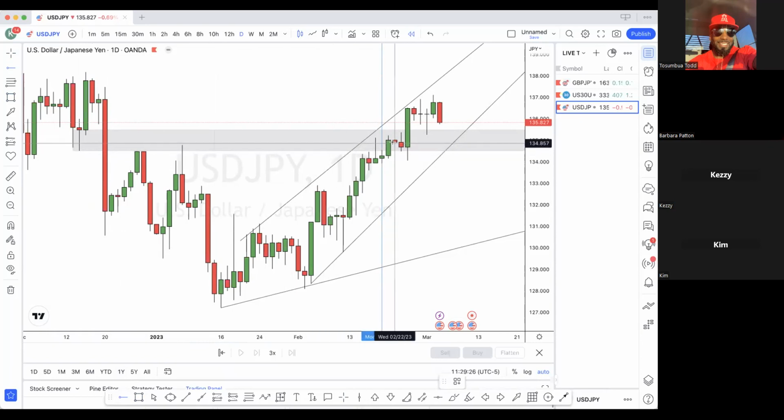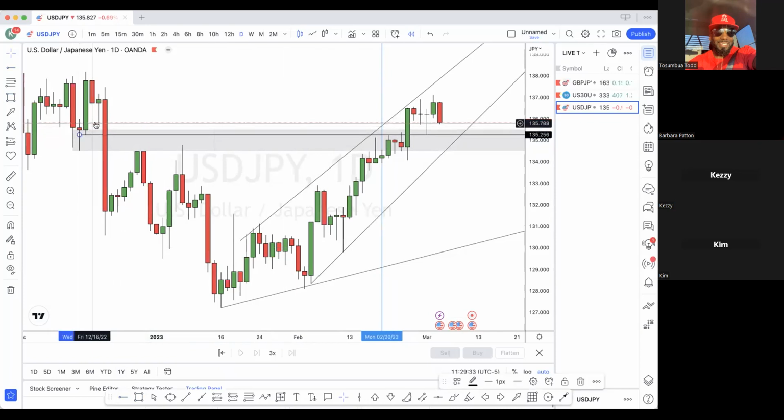But we're looking for pullback after this candle. So the next pullback would have been from this wick here. Price action for me are wicks. So I would have expected price to pull back.